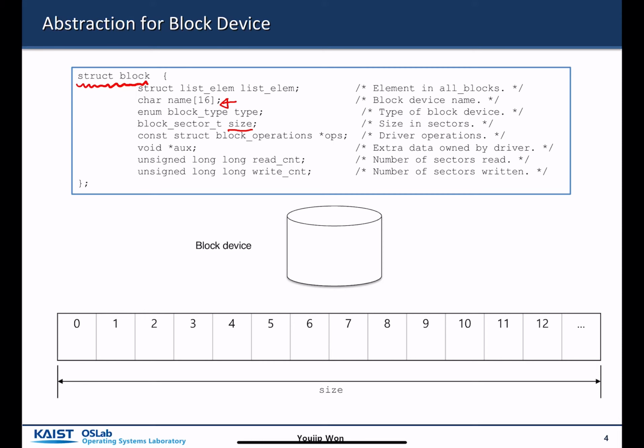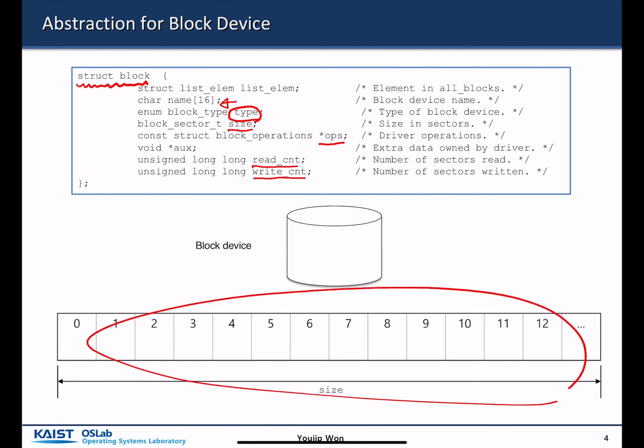Then there is a block device type, and a pointer to the device driver, which contains a set of operations defined for the specific block device. Pintos also defines a read count and write count for a block device, which refer to the number of sectors read and sectors written. So this is the block device.